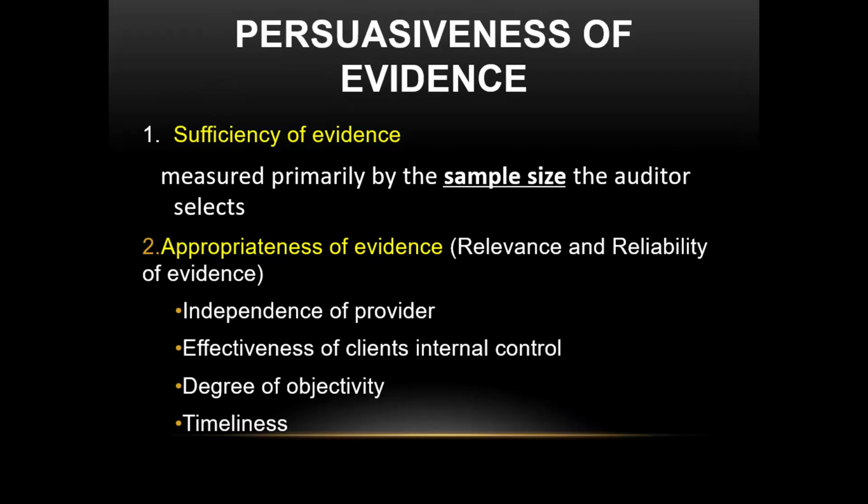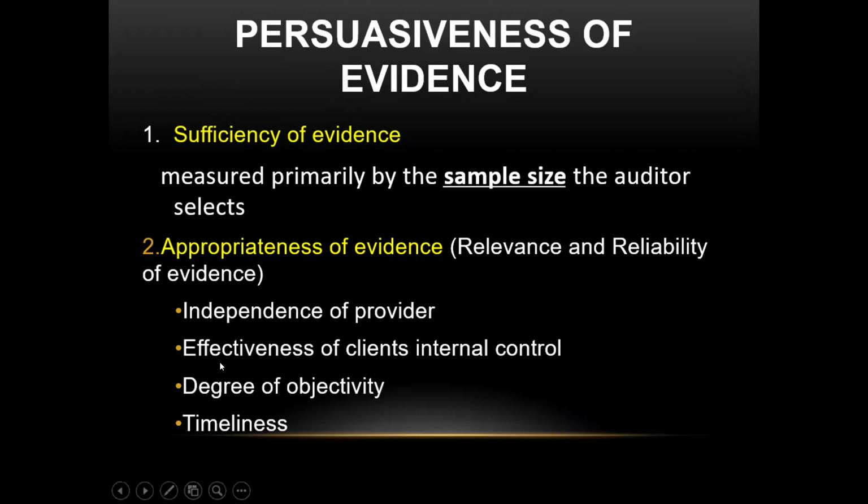Was it from inside the company? Journals always come from inside the company, right? But the data from the banks come from people outside the company, which is the bank. So it is more independent. So the more independent the provider of the evidence, the more relevant and reliable the data will be.